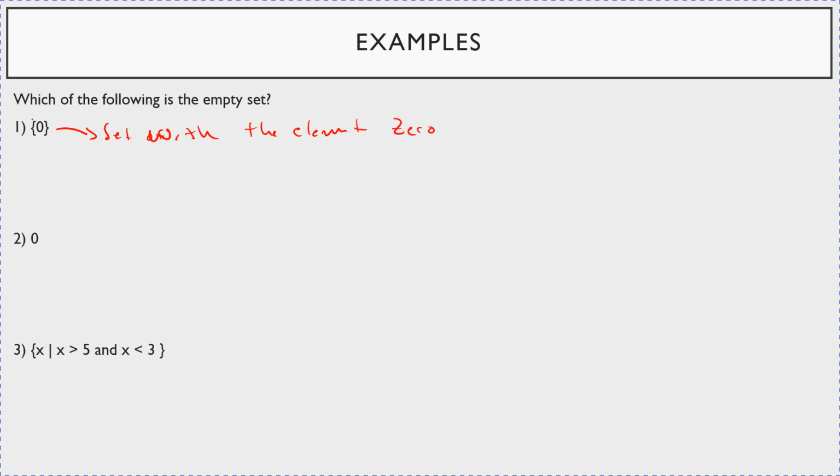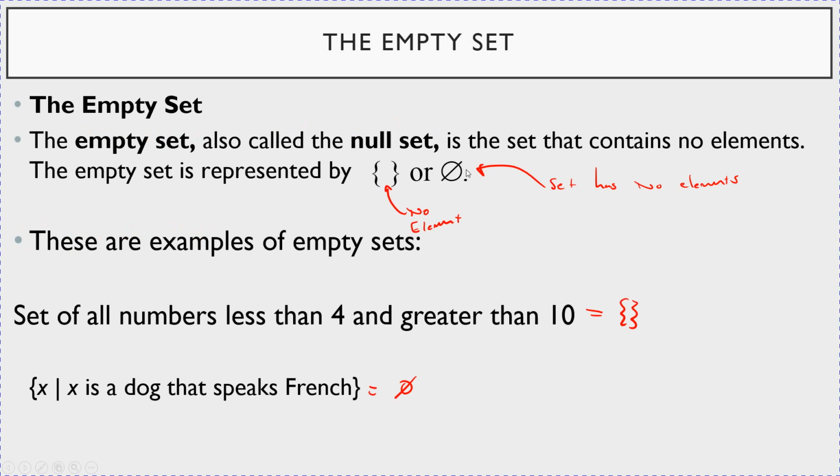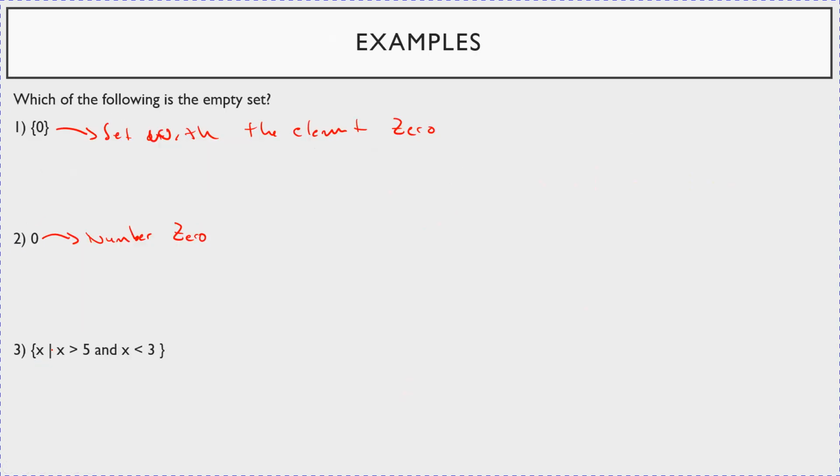It's a set with one element, just a set of 0. This other one is not the empty set either, this is just the number 0. Remember, it has to have this notation here. And finally, x such that x is greater than 5 and less than 3. There's no number that satisfies that, so this is the empty set.